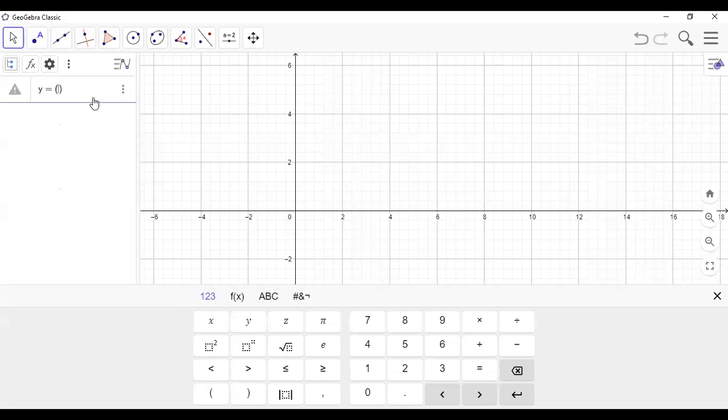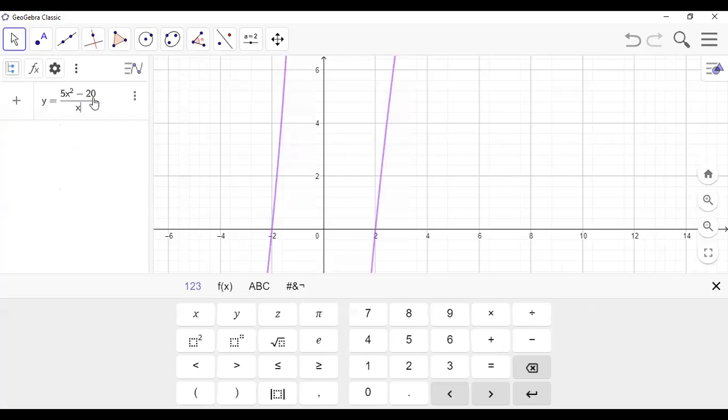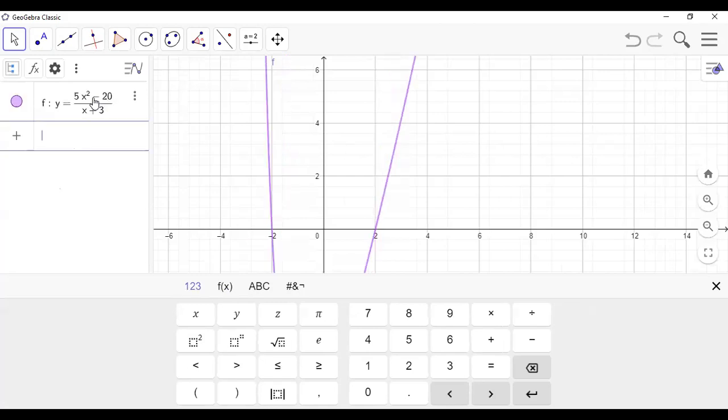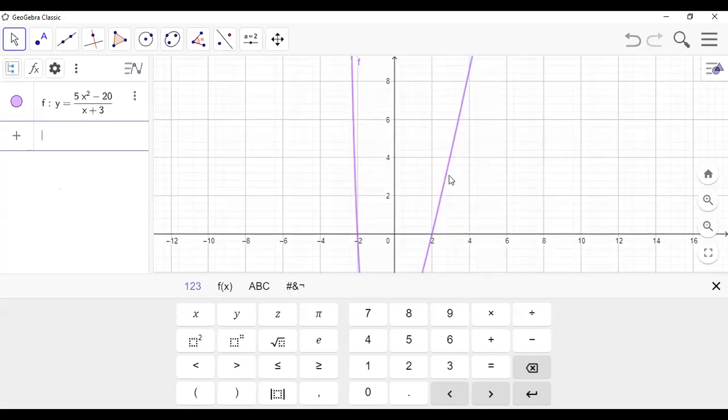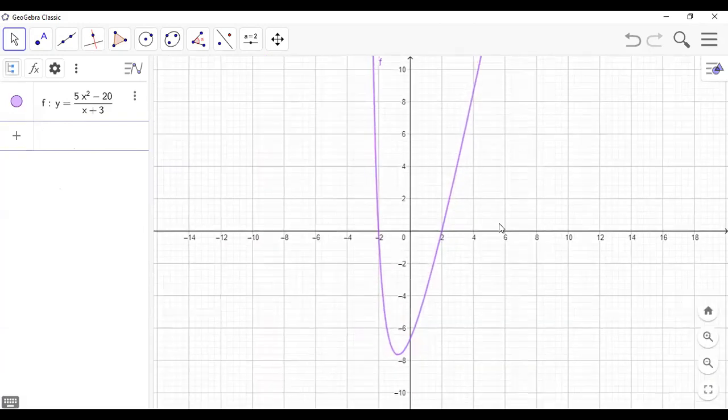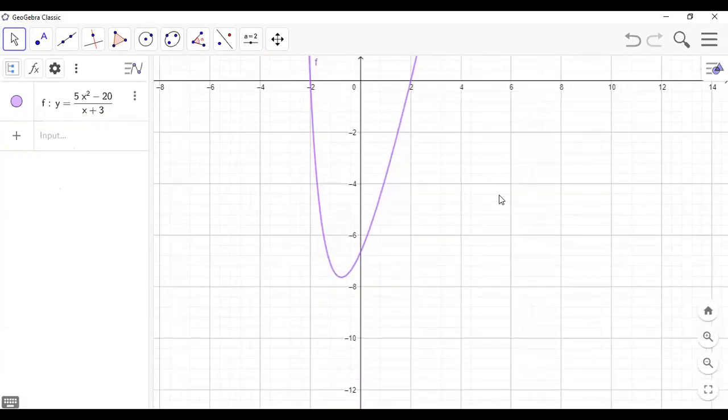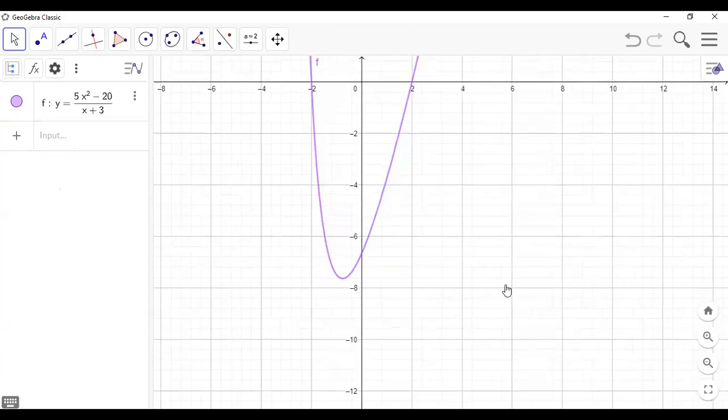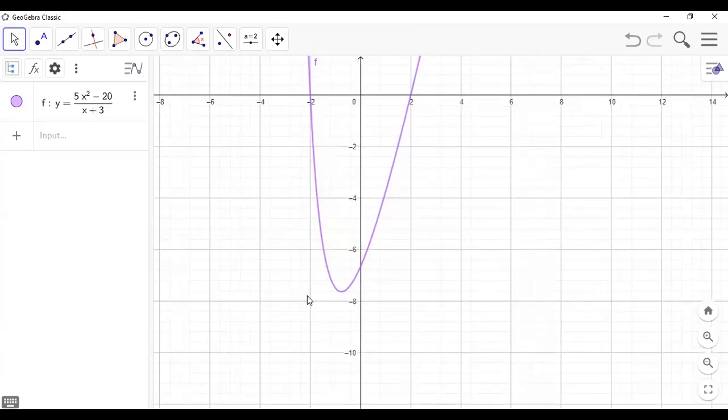So we have 5x squared minus 20 over x plus 3. Kung papansin ninyo, class, zoom in natin ng slide. Ito yung graph ng 5x squared minus 20 over x plus 3. Lalagyan ko ng point.